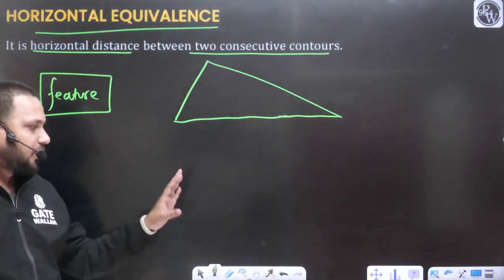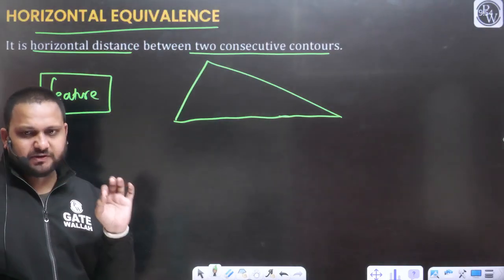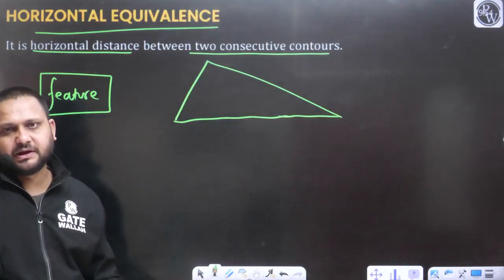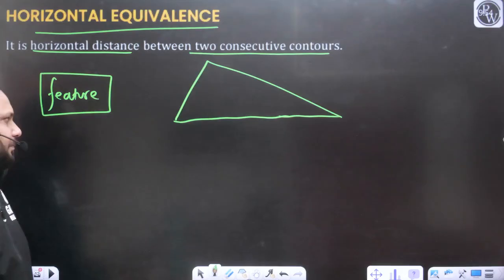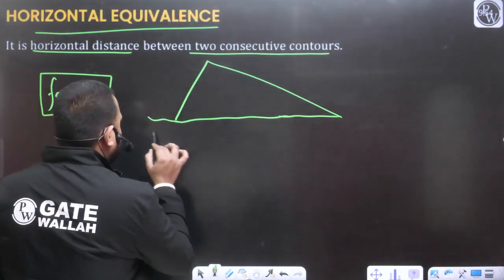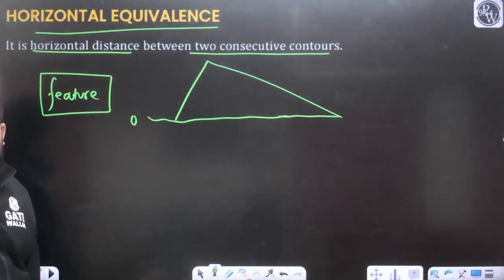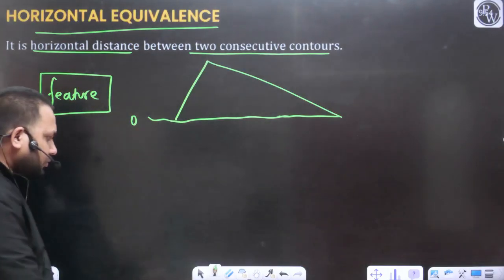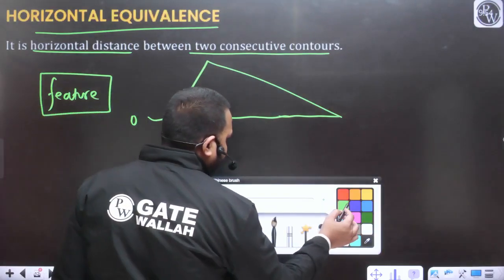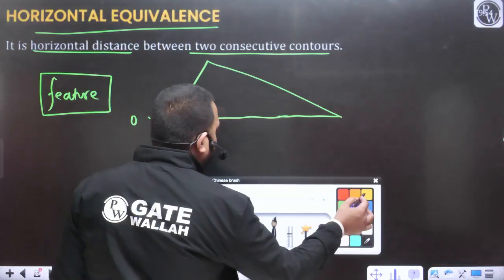Let's say I am considering this ground surface as a zero line, as a reference. Now I will locate all the points.